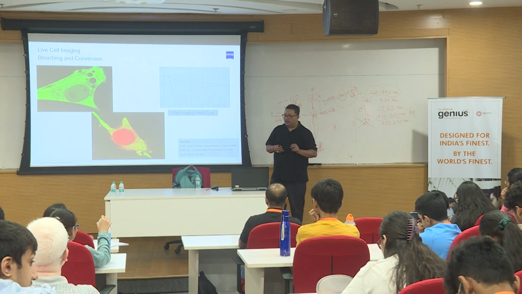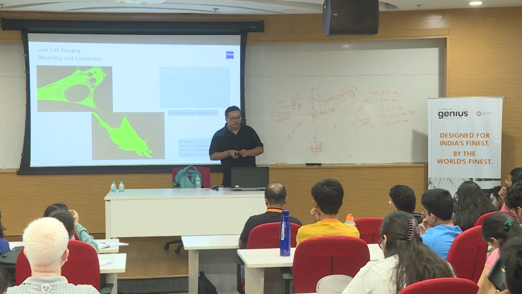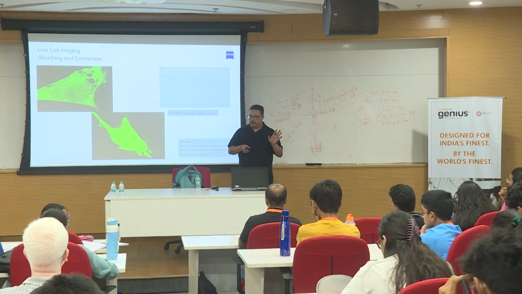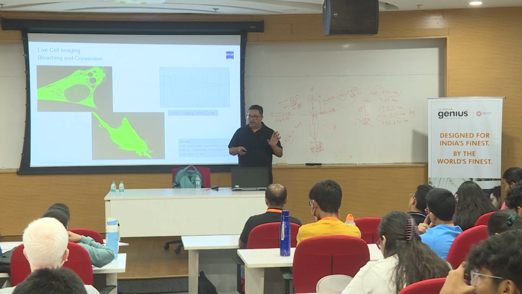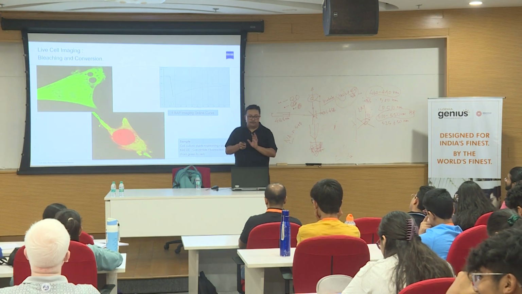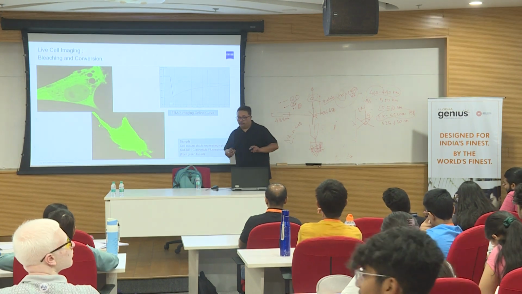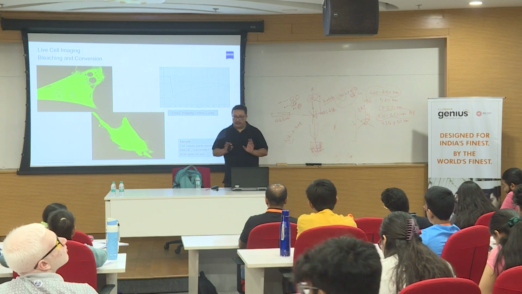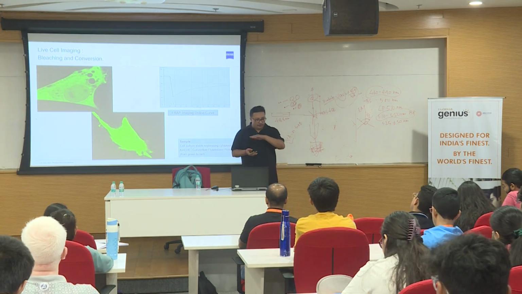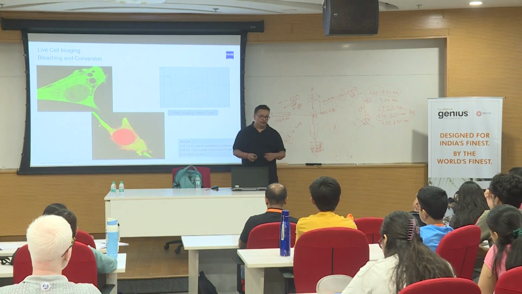As a thumb rule, Z resolution will be twice as bad as XY resolution. If the XY resolution is 240, 250 nanometer, your Z resolution will be close to 500 nanometer or more. If you don't understand this concept, just understand that whatever your laser excitation is, your Z resolution is close to that number, and half of that becomes your XY resolution.